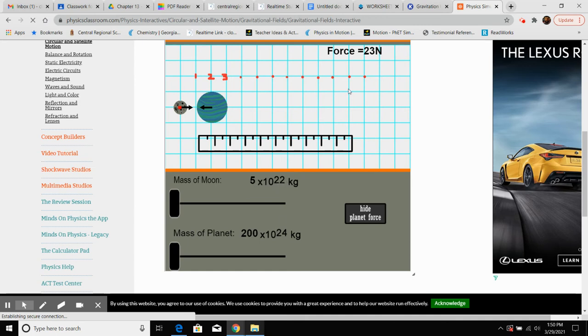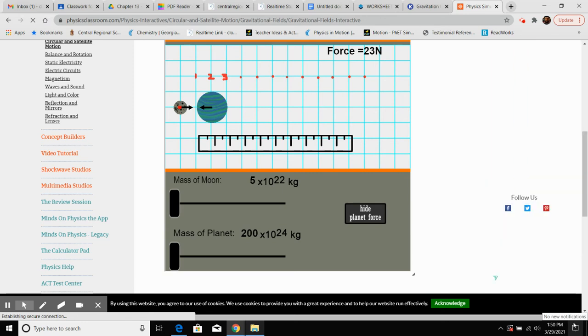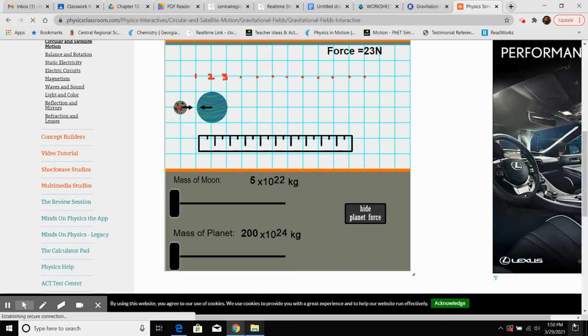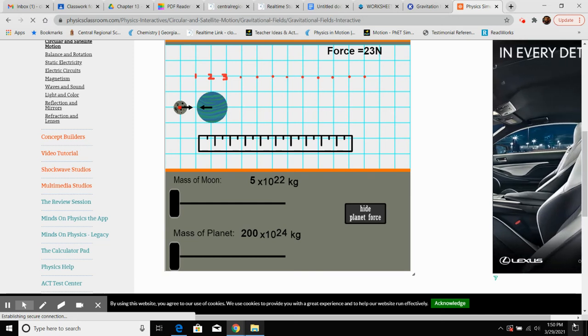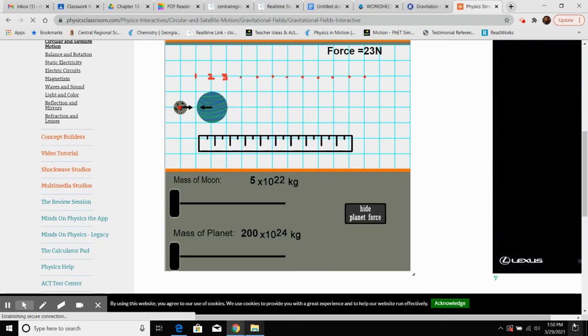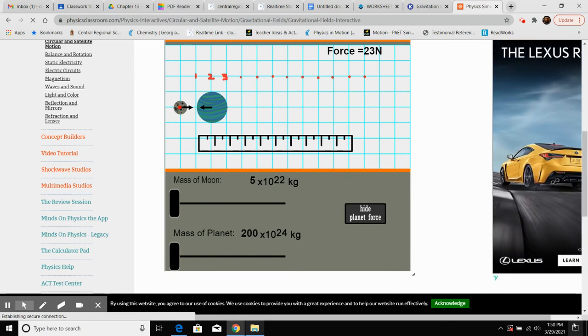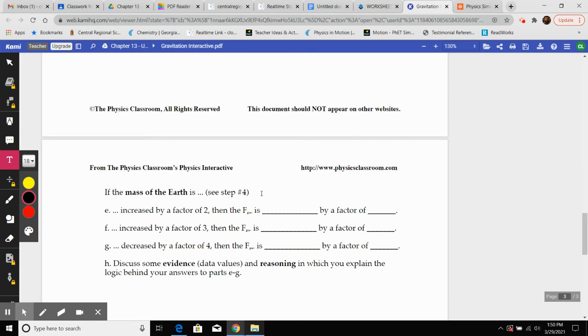Now, granted, these aren't the exact values, but for the purpose of just investigating and seeing how these things change proportionally, we're going to do this. We're going to take the mass starting out as 200, and we're going to take our baseline force as 23 newtons.